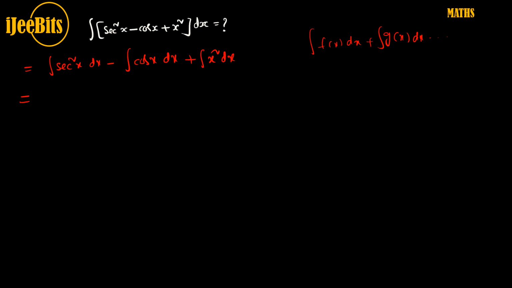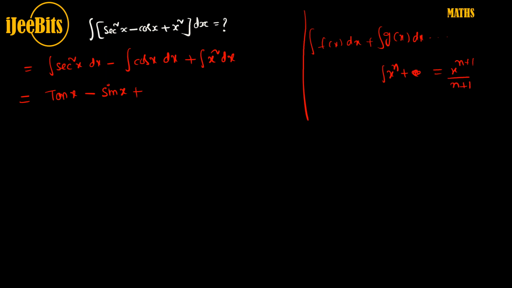Integration of secant square x dx is nothing but tan x, right? Integration of cos x is nothing but sin x, so let's put sin x. Plus integration of x square. What is the formula? Integration of x to the power of n, a power function, is x to the power of n plus 1 by n plus 1, right?